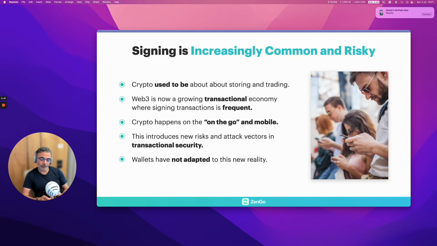Also, another thing is that crypto is no longer a desktop-first environment. Crypto happens on the go and on mobile. And so this is introducing all sorts of new risk and attack vectors that we're going to present in a few seconds, and what we call transactional security.